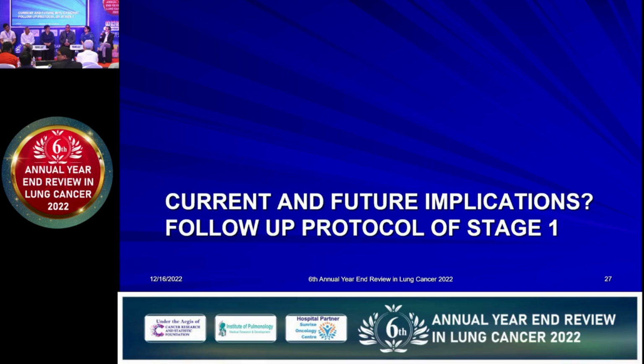No, I am aware of that. Single node less than 3 centimeters. I've seen people going for straight surgery even in a single N2. In fact, the British Thoracic Society guidelines and the Japanese and Korean guidelines say that for single-station involvement with nodes less than 3 centimeters, surgery should still be the treatment of choice.